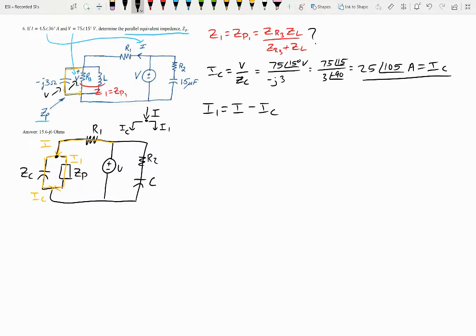Okay. So if we do that, we can write I, which is 4.5 at angle 36, minus 25 at angle 105.